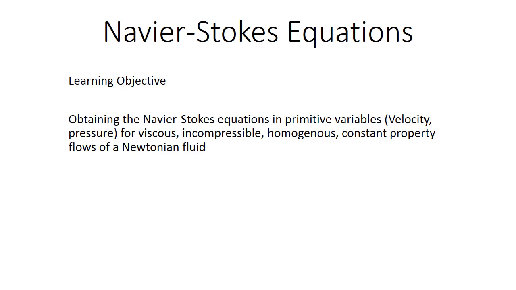So this can be the most simple viscous flow model that can be applied to a large variety of flow problems that an engineer encounters in various technological applications, and this is the type of flow that we encounter in our laboratory experiments and all. So incompressible, homogeneous, constant property, I've already talked about the meaning of these keywords in my last lecture.